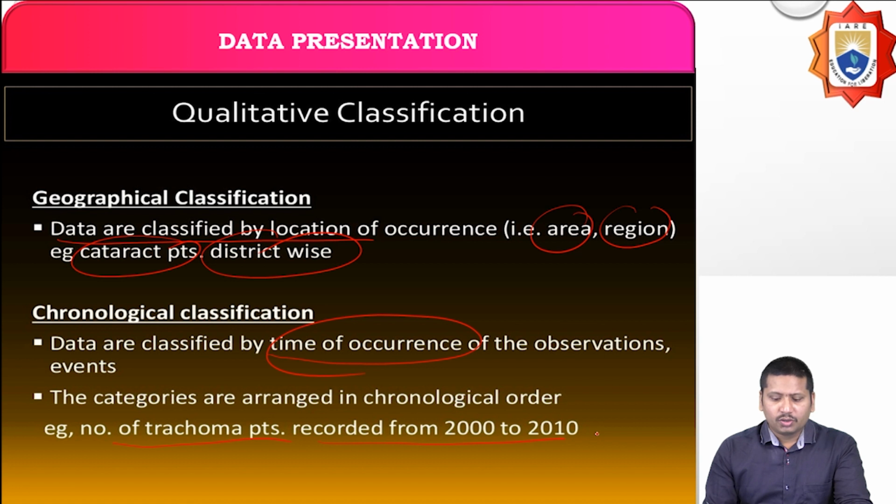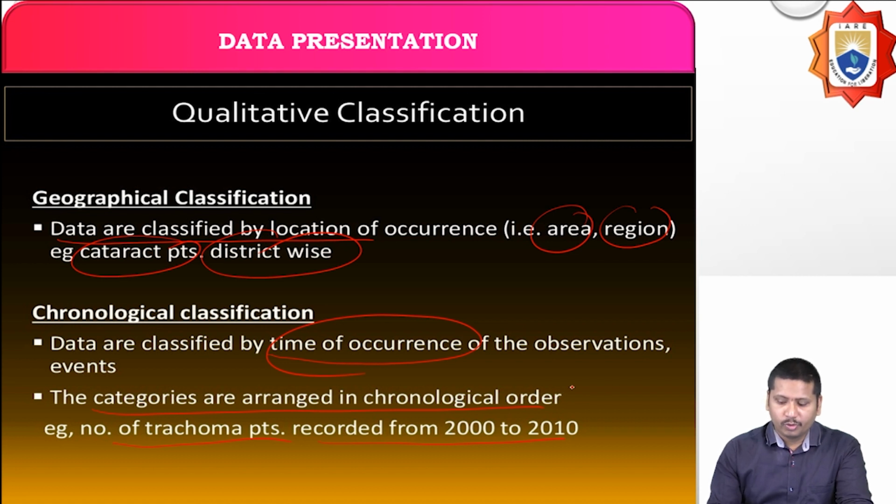Chronological means the data is classified by the time of occurrence of observational events, and geographical means it is classified based on the location of occurrence, like area, region, district. With respect to the time of events, the data has to be arranged in such a way, and the categories are arranged in chronological order.